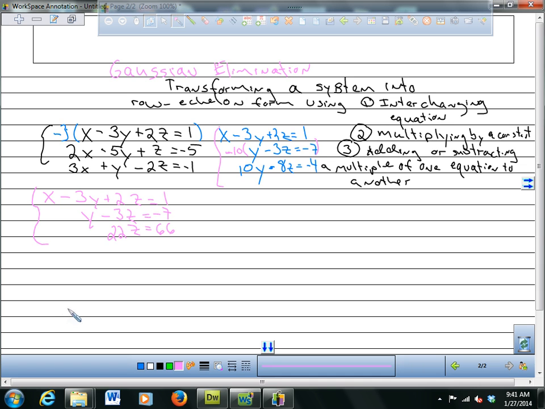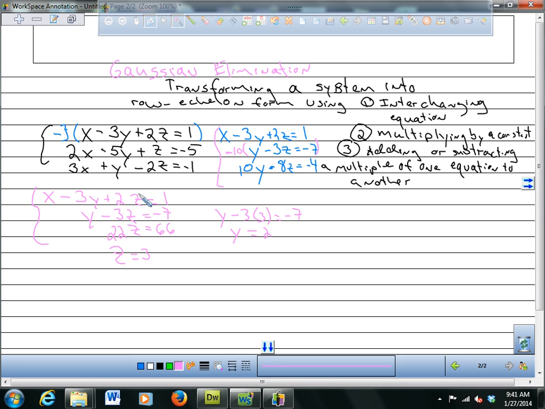What's z equal to? Z equals 3, right? By dividing that. And then I can take 3 and plug it in here. So I get y minus 3 times 3 equals negative 7. So y equals positive 2, right? Y equals 2, because that's negative 9 added to both sides.